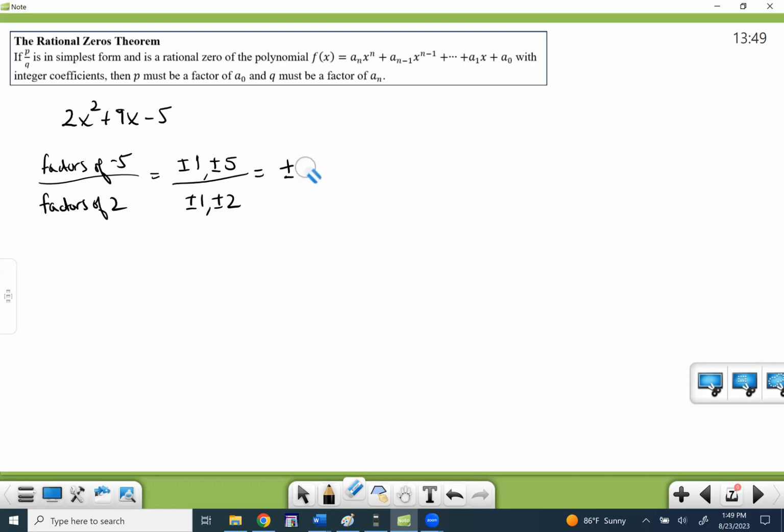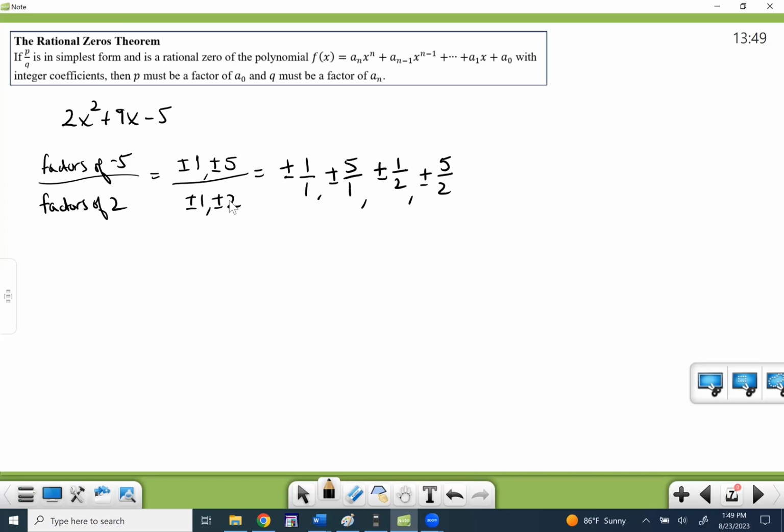So we're going to put 1 over 1, 5 over 1, then 1 over 2, and 5 over 2. So basically you're saying, 1 over 1, 5 over 1, 1 over 2, 5 over 2.